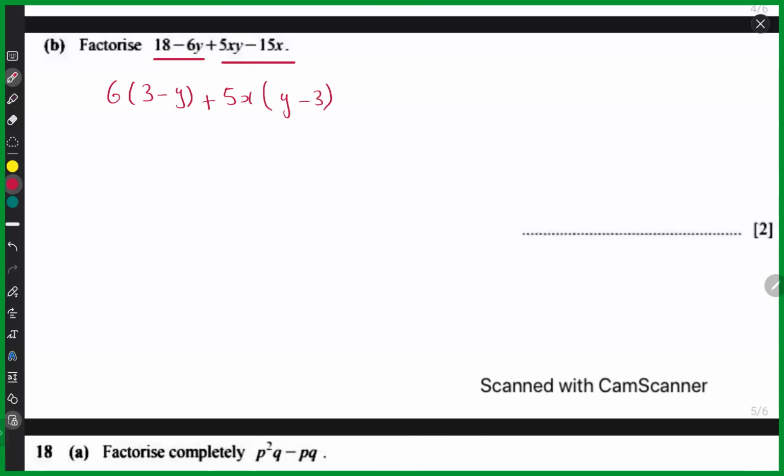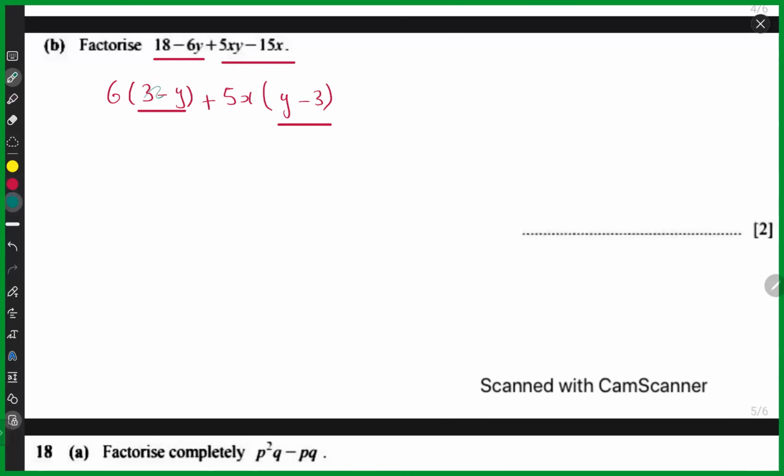Now I'll tell you one thing. Please pay attention. So we had 18 minus 6y plus 5xy minus 15x. And when I did this, I got 3 minus y here. And I got y minus 3 here. Now, yes, you can say that 3 minus y and y minus 3, the two things are similar, but they're not exactly the same.